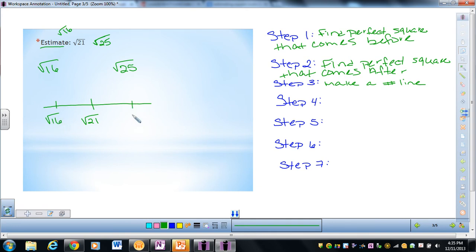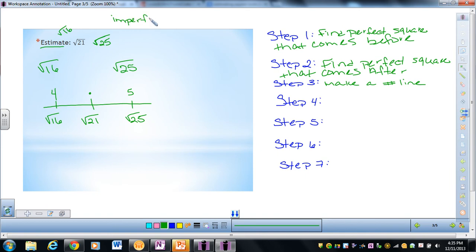And I put the one that comes after on the right. And then I need to decide what the square roots of these are. So I know the square root of 16 is 4. I know the square root of 25 is 5. So I know that the square root of 21 is going to come in between 4 and 5 on the number line, and that it's going to be a decimal because all imperfect squares are decimal.